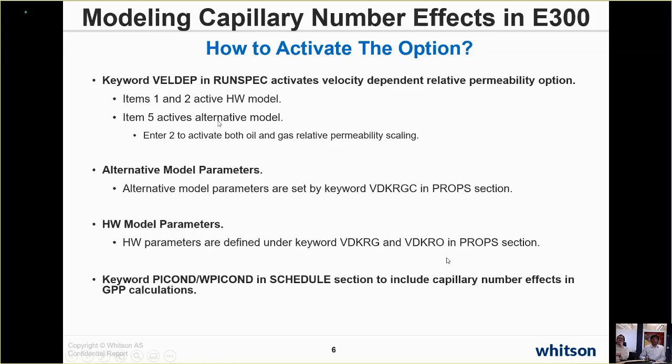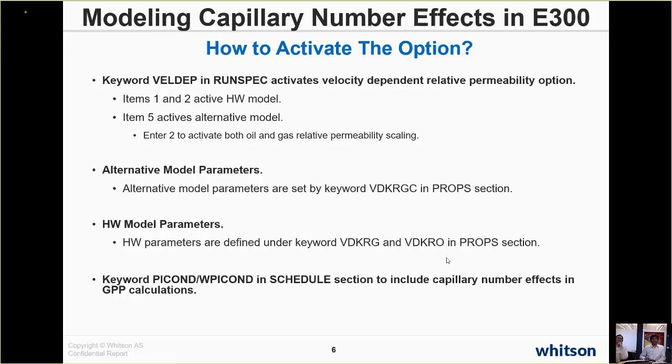To activate the Whitson-Fevang model, we have to go to item number 5 under WELDEBT. We can give either 0, 1, or 2, but we have to enter 2.